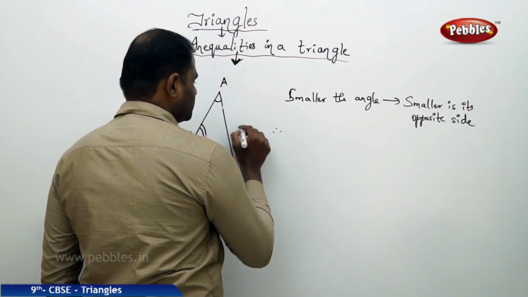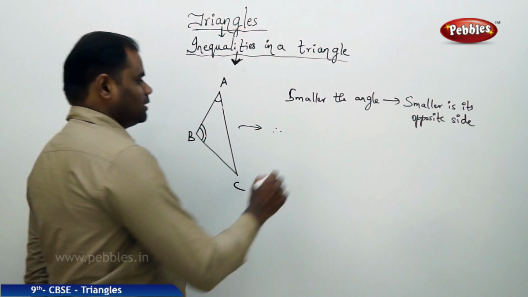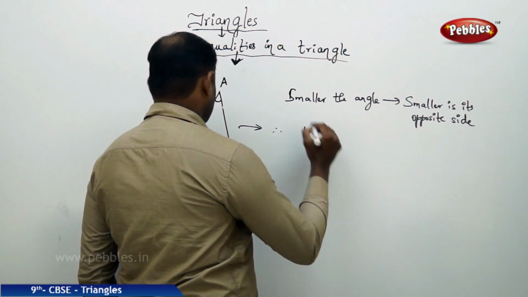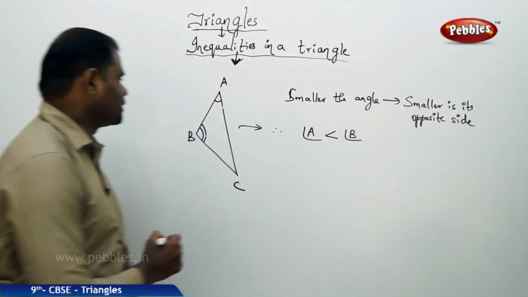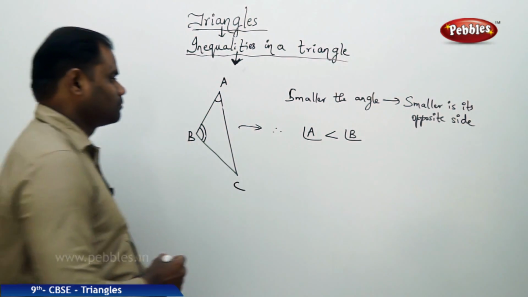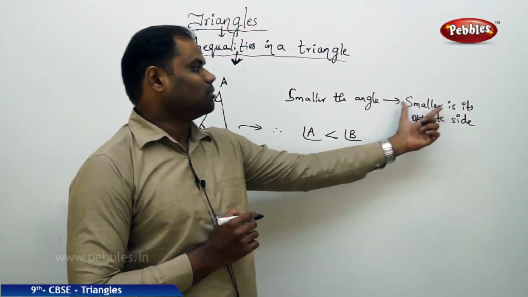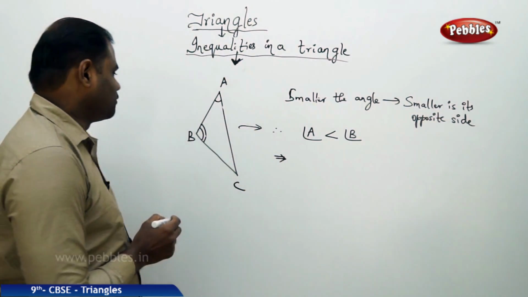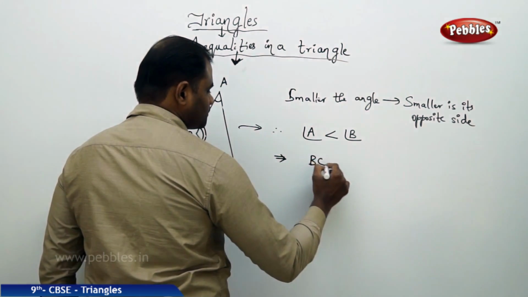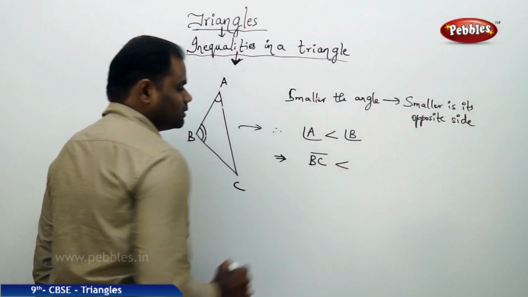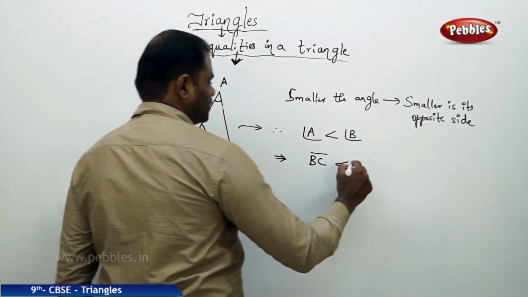Therefore, in the triangle ABC, angle A is less than angle B, which implies smaller the angle, smaller is its opposite side. Therefore, the opposite side of A, which is BC, must be shorter than the length of AC.